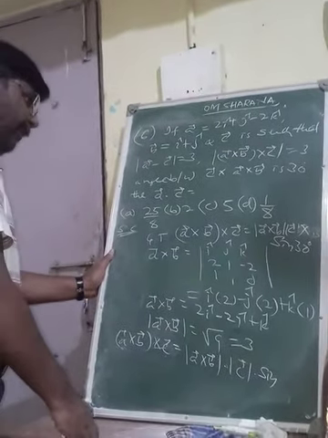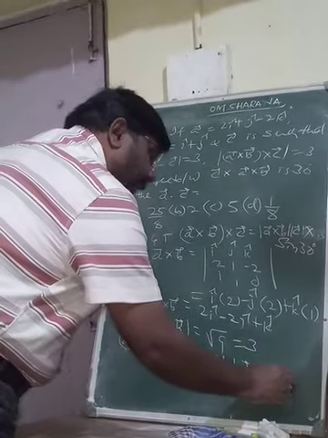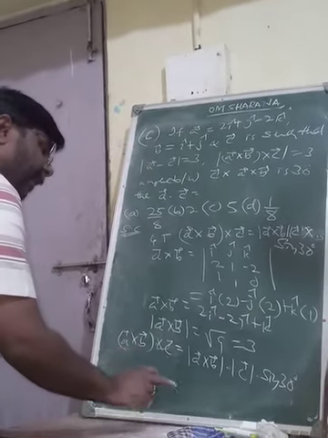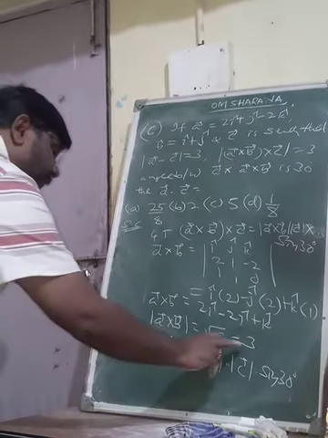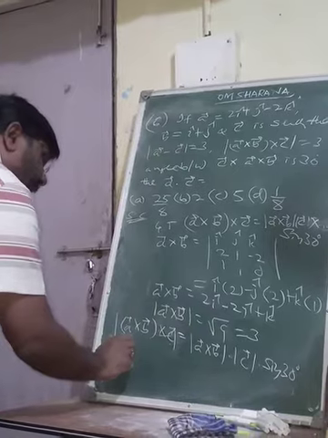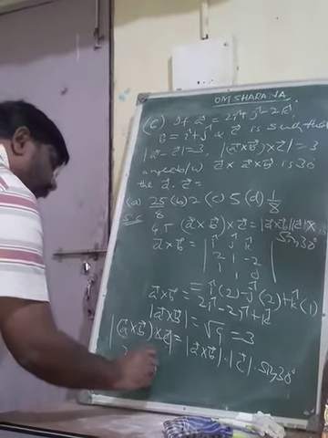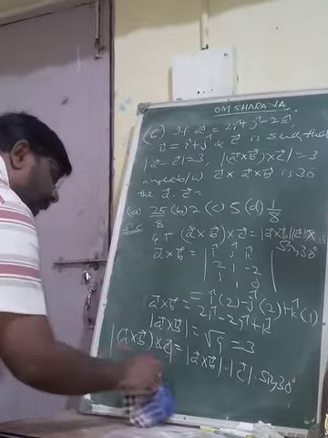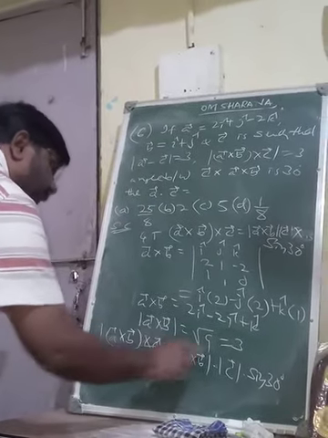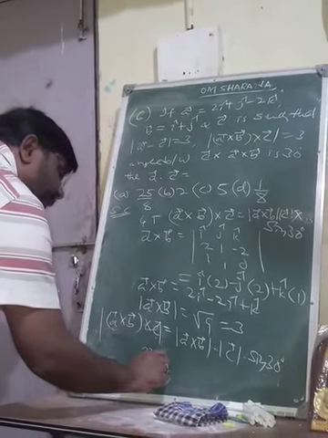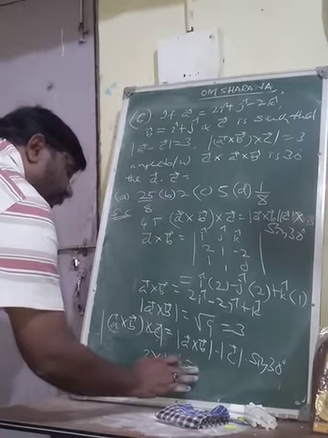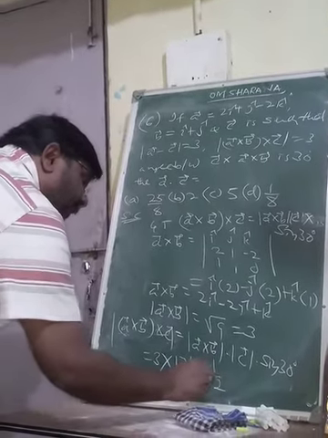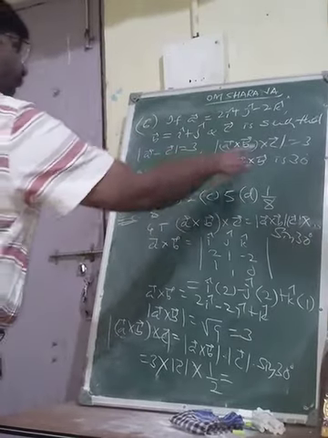The angle between A cross B and C is given as 30 degrees. The magnitude of A cross B is 3, so 3 times the magnitude of C times sine 30, which is 1 by 2. Its value is given, that is 3.